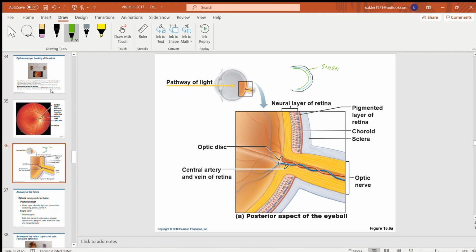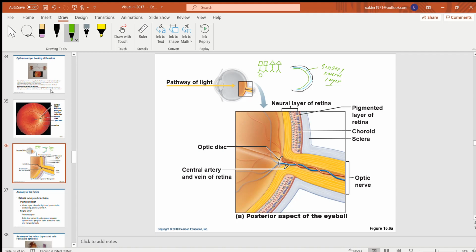So the sensory neural layer of the retina, and you already know that you have the photoreceptors, rods and cones, in this layer, and you also know that rods are more active in dim light or dark condition, and cones are more active in bright light condition, right?